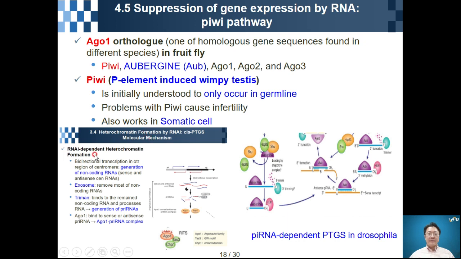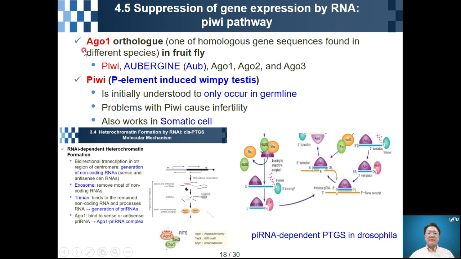At that time, we found that AGO1 initiated RNAi dependent heterochromatin formation in fission yeast. How about in fruit flies? Who initiated the suppression of gene expression by RNAi?